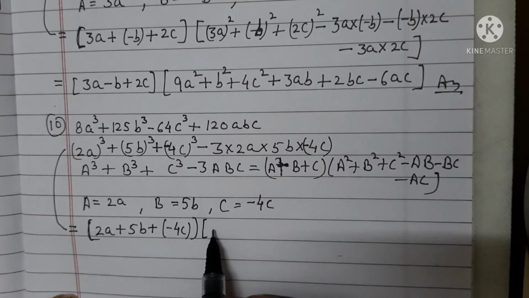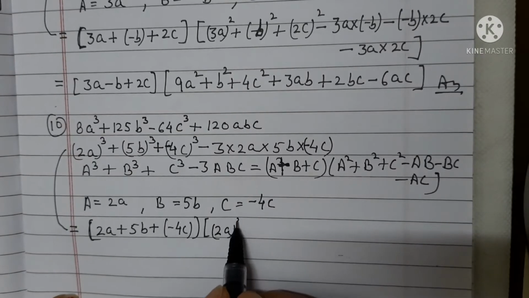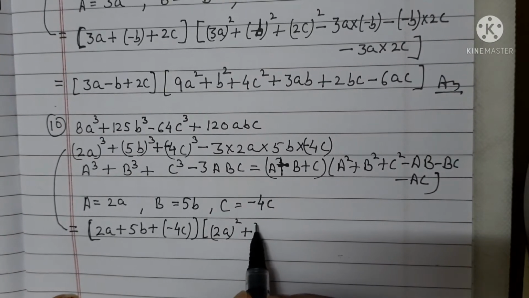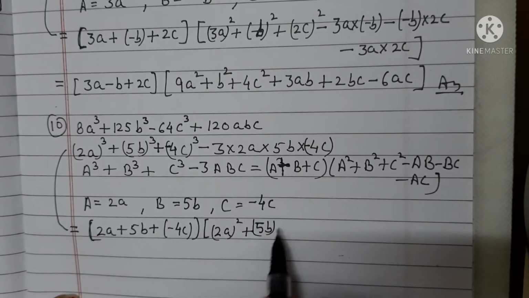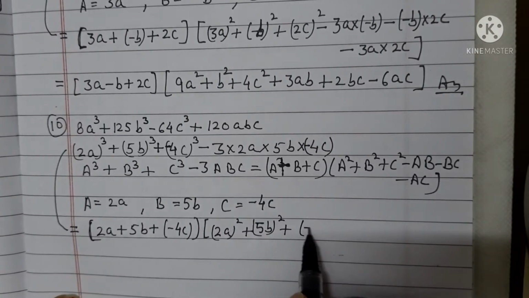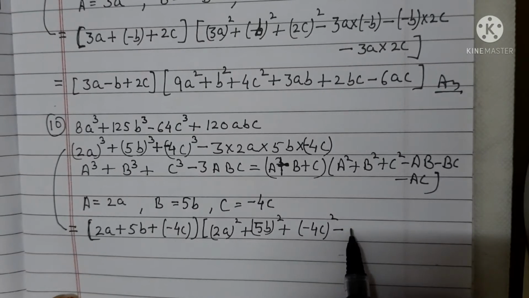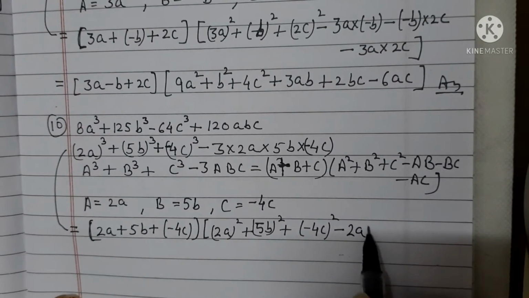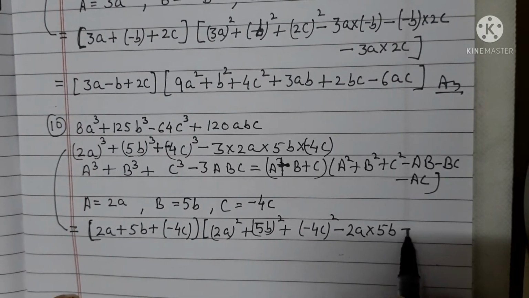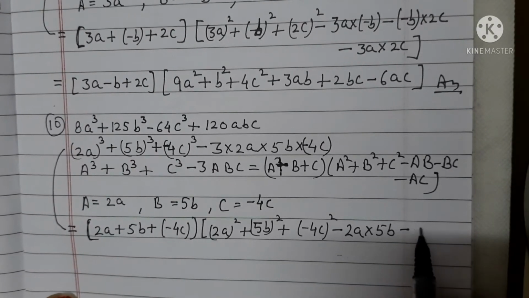a square means (2a) square, plus b square means (5b) square, plus c square means (minus 4c) square, minus ab, so 2a into 5b, minus bc.